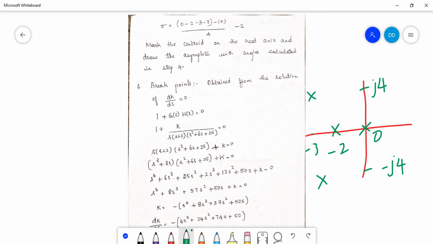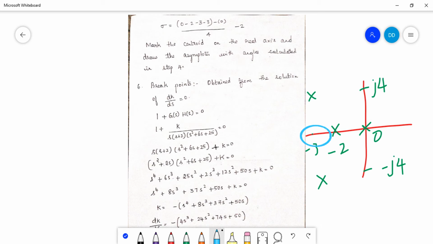Now when we are going to find the section of the root locus on the real axis, our complex conjugate pairs will not affect it. So we need not look into the section beyond minus 2.